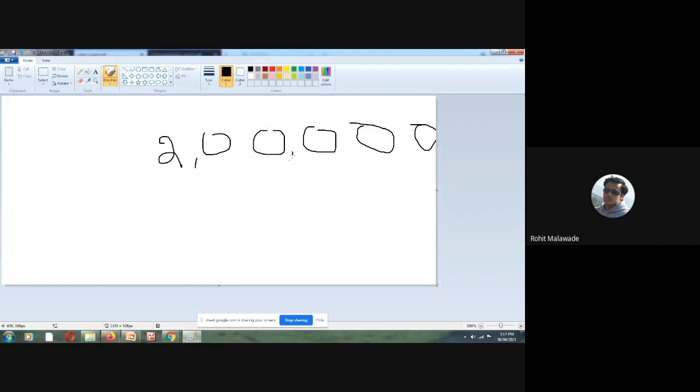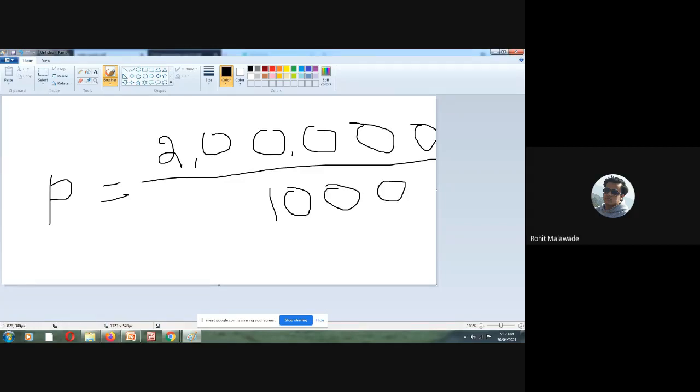So in order to calculate P, I should divide by 1,000, and this and this get cancelled. If 2 lakh population is given, then population in 1,000 is 200. P is 200.